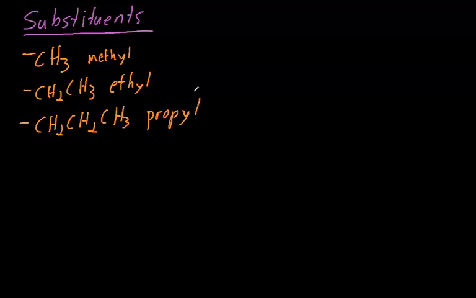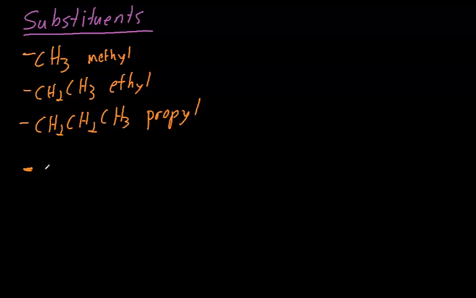You can tell we're just adding one carbon to the chain, and we're going from methyl, what would have been, if it weren't a substituent, methane, ethane, and propane, but since they are substituents, they have the YL ending, so methyl, ethyl, and propyl.